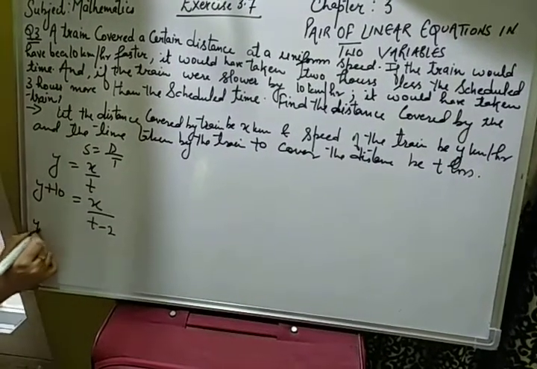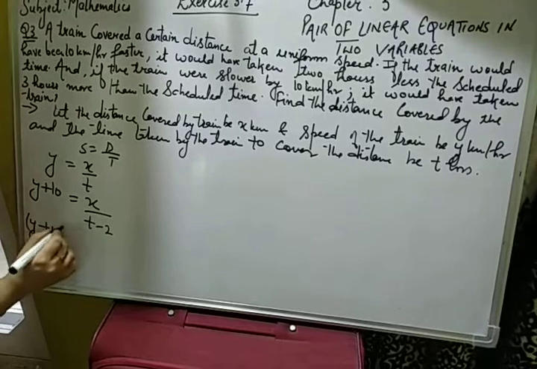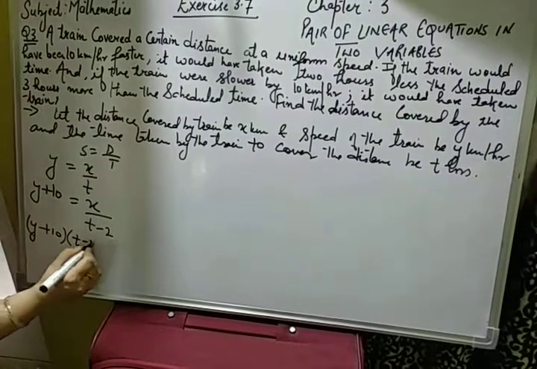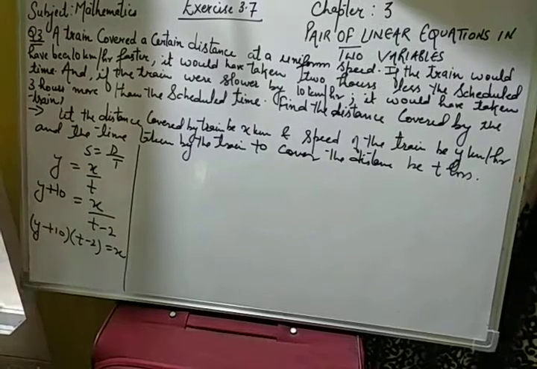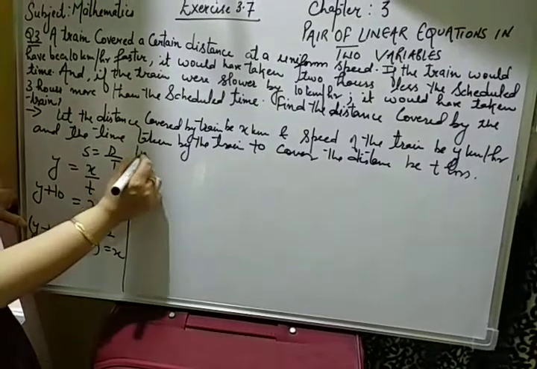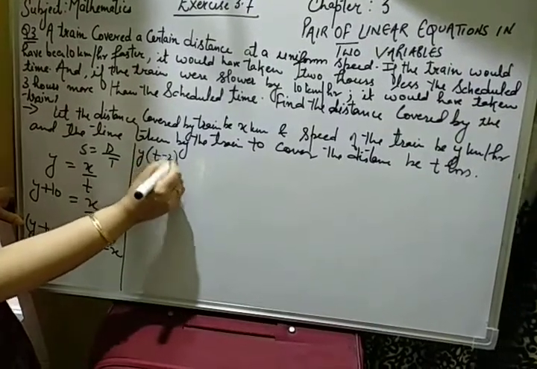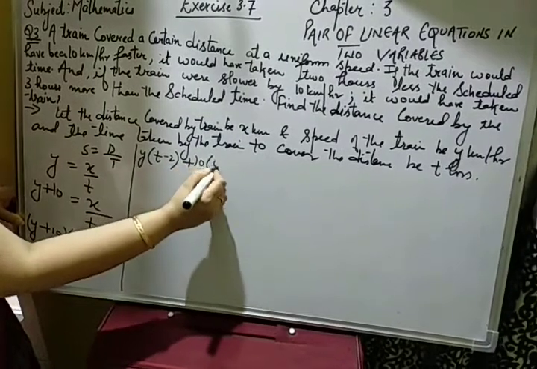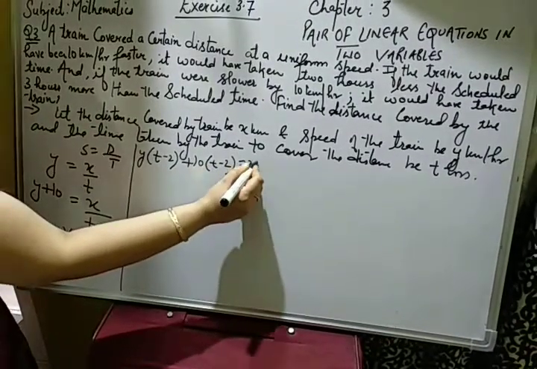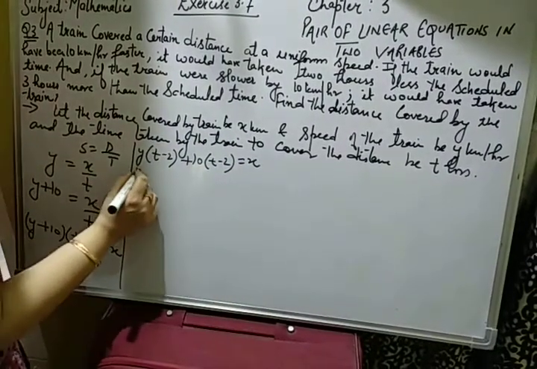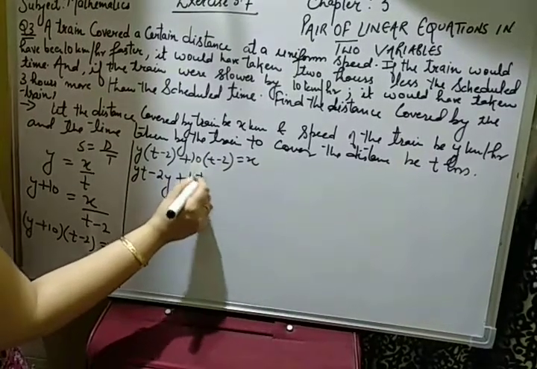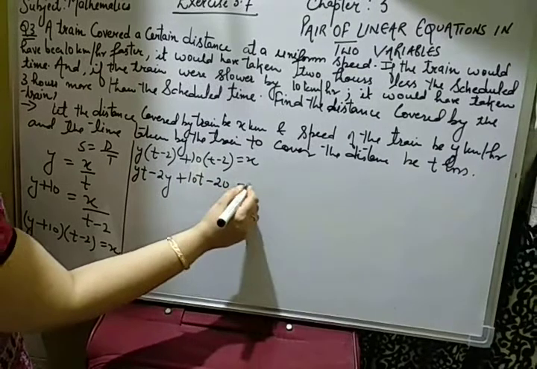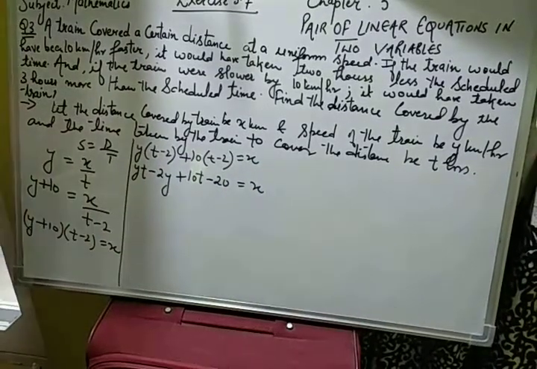Cross multiply: y plus 10 into t minus 2 is equal to x. Multiply y with t minus 2 plus 10 with t minus 2 is equal to x. yt minus 2y plus 10t minus 20 is equal to x.